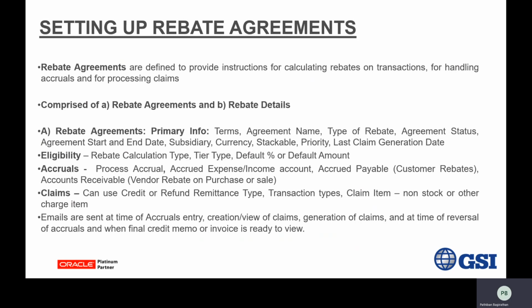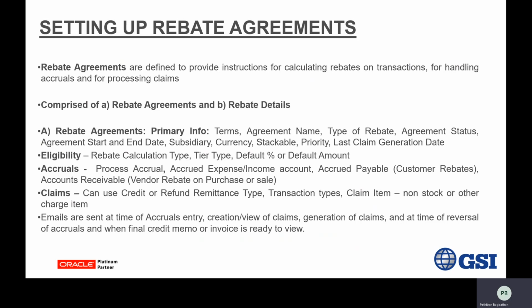Agreement status, when you create a rebate, it puts it at pending approval. So once you approve it, only then the rebate gets recognized for that item and vendor or customer. If you do not approve the rebate, you could process a purchase order or sales order, but it's not going to pick up that rebate agreement.